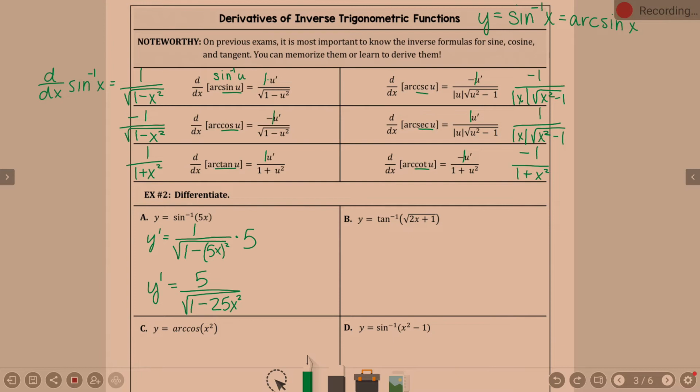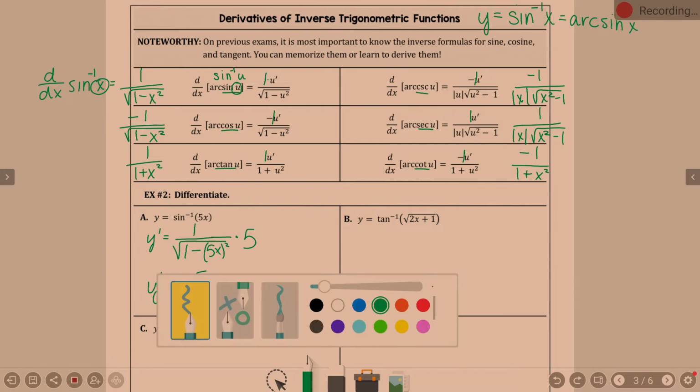Because when it says to do 1 minus x squared, or u squared, you're taking whatever is in right here. That right there, and you're squaring it. Okay? Now, the idea, and I'm just going to mention it.